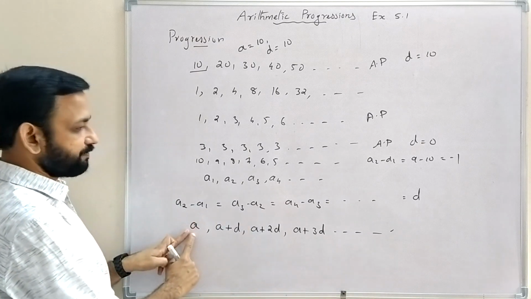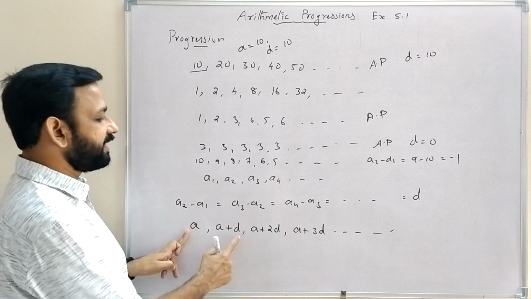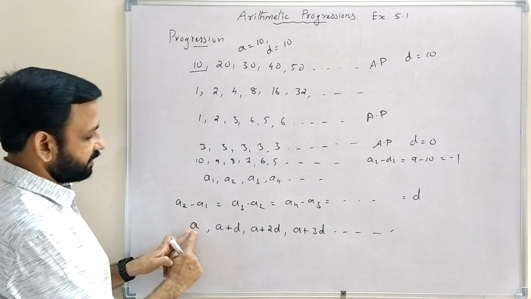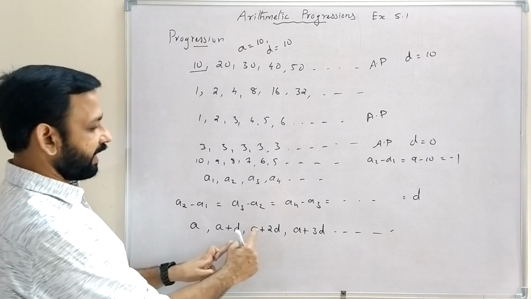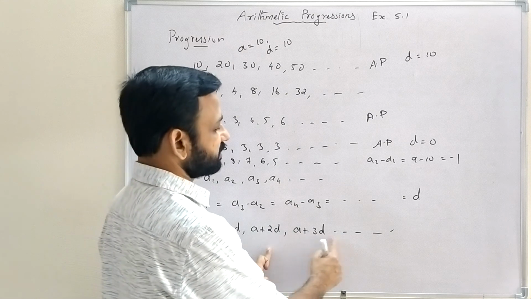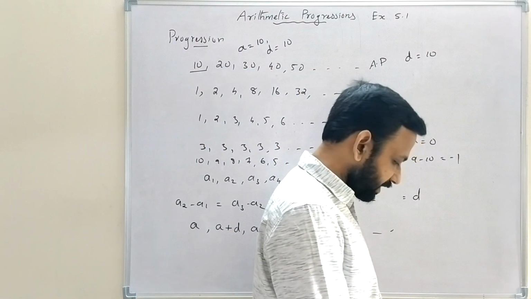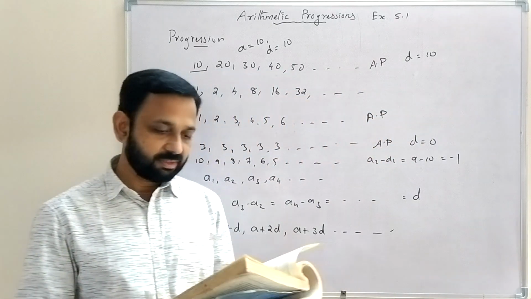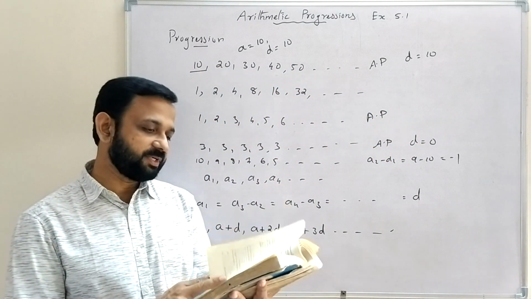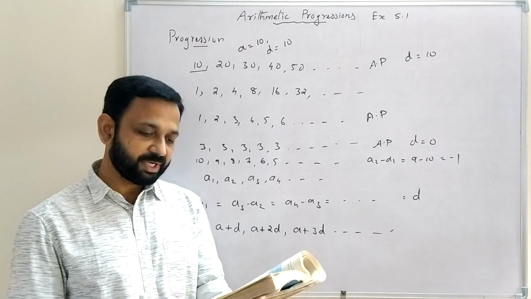If a is the first term and d is the common difference, then a, a plus d, a plus 2d, a plus 3d, etc. is the general form of arithmetic progression, where a is the first term and d is the common difference.